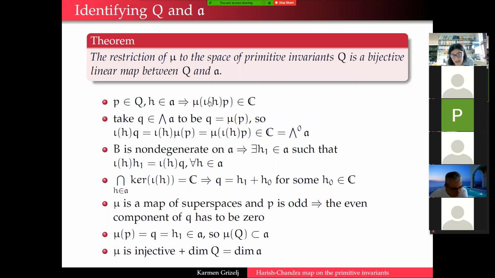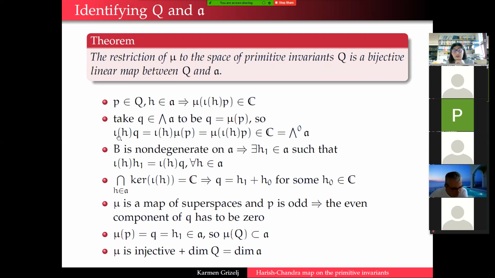Then, since this part here, as I mentioned, is in T invariants of E, then mu has to send it to complex numbers. And let's denote by Q the image of P under the Harish-Chandra map.